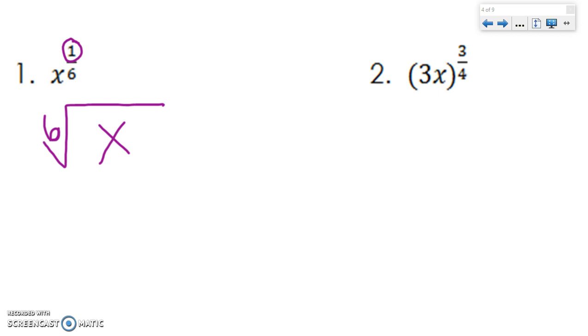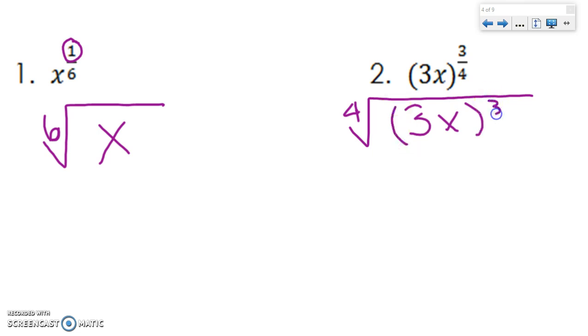Switching over to example number 2, 4 in the denominator becomes our index. And now I'm dealing with 3x all raised to the power of 3 as the radicand. Because of the exponent rules that we talked about in class yesterday, I'm going to apply the 3 to both pieces.